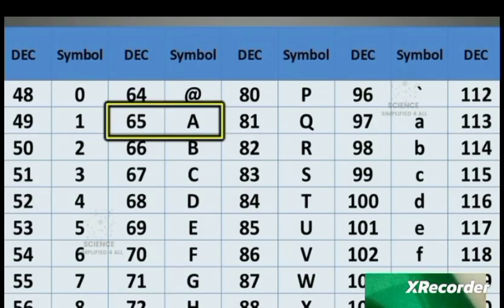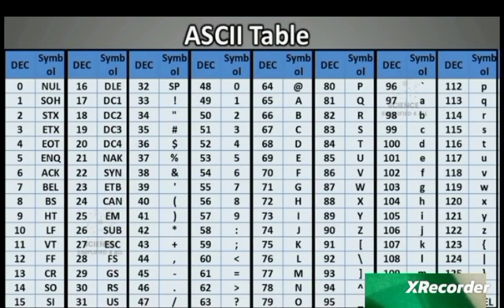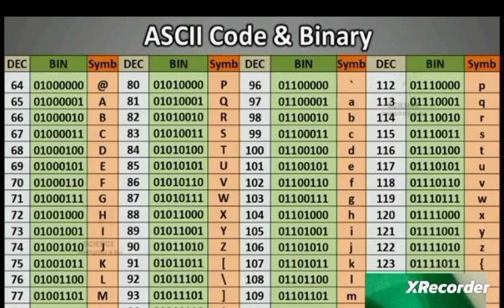For example, the capital letter A has an ASCII code of 65. If you open a Word file, hold the Alt key and type 65, the letter A will appear on the screen. In this way, every character in the table can be typed using its ASCII code.